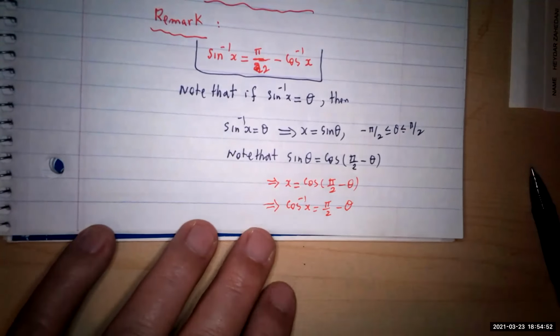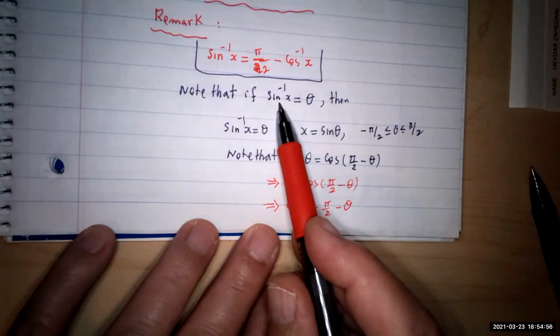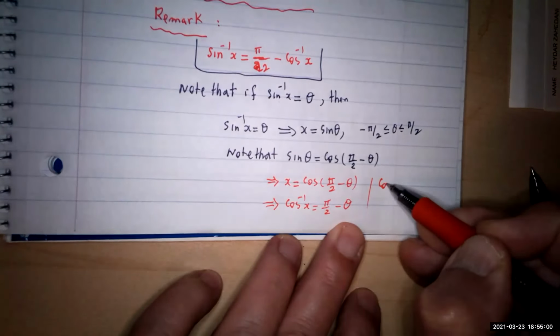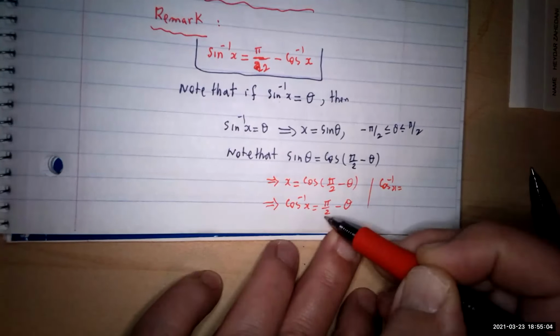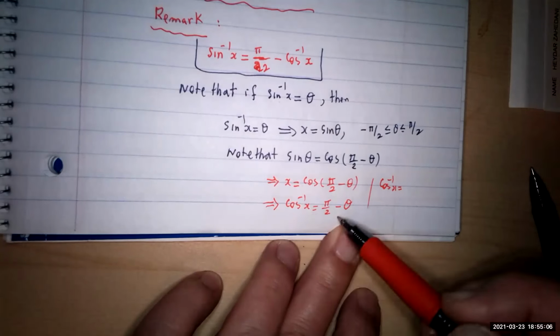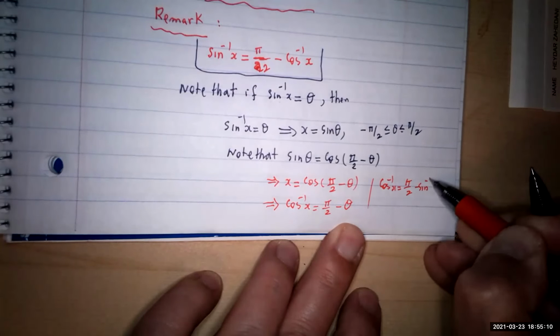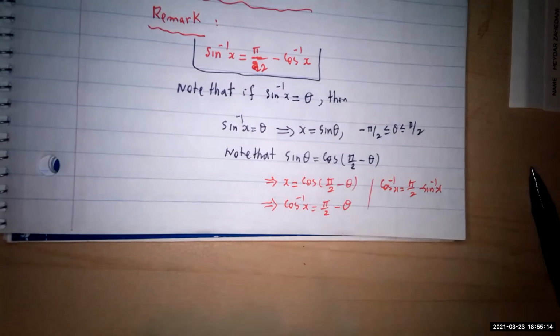But what is theta? Theta is sine inverse of x. So that gives you that cosine inverse of x is pi half minus sine inverse of x. Or you switch it to the other side, and we get the one that you are going to be interested in.